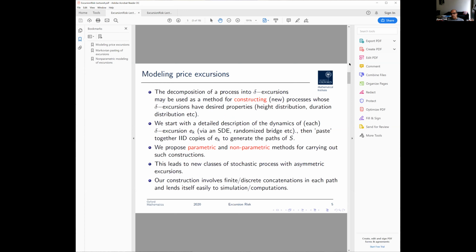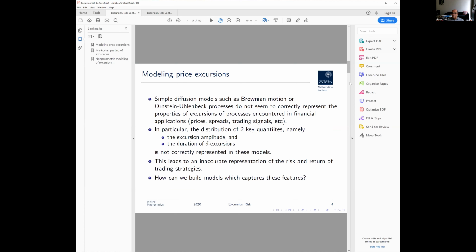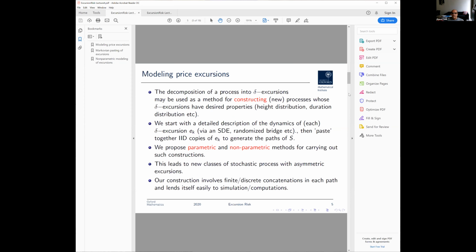So what we saw in the previous lectures is you start from a path or a process and you decompose it into delta excursions, and there's a unique decomposition. But now we're going to use this decomposition in the opposite direction. We're going to use it as a way of constructing processes whose delta excursions have the properties that we want.